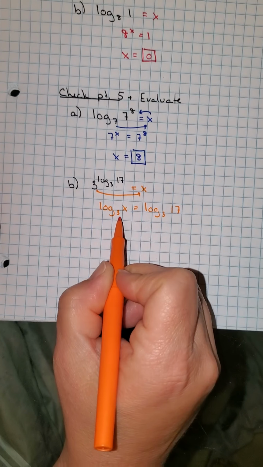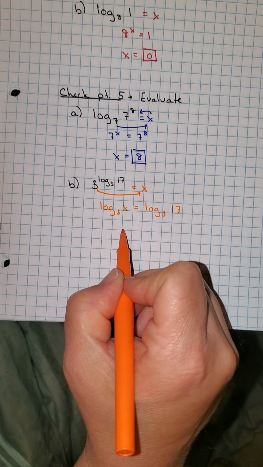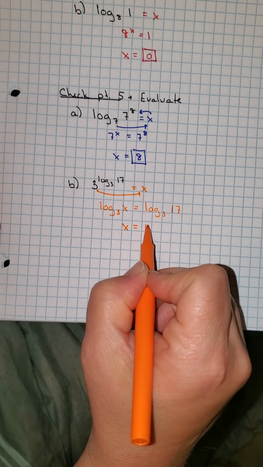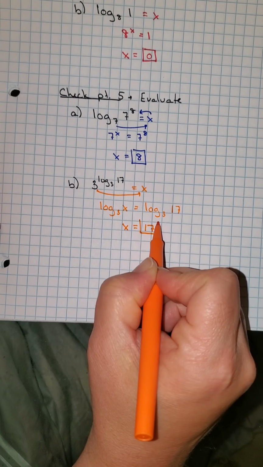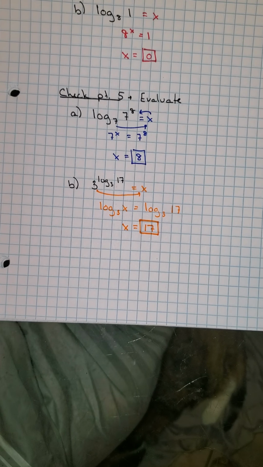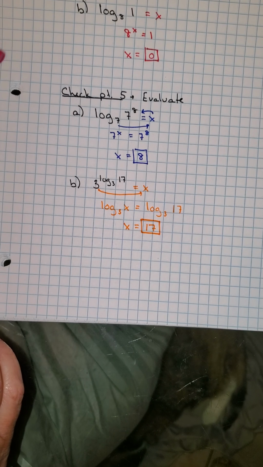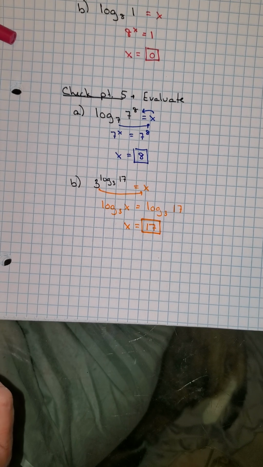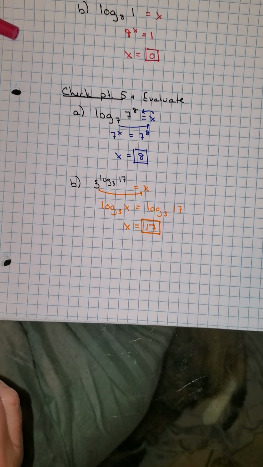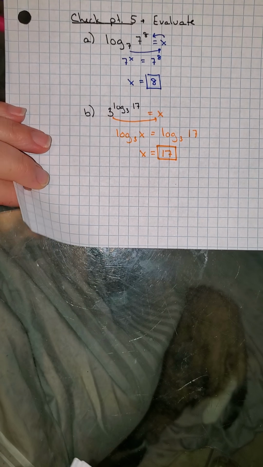So log base 3 of something equaling log base 3 of 17, the x would have to be 17. Okay, so that's our answer there. So yeah, it's just kind of the odd man out.